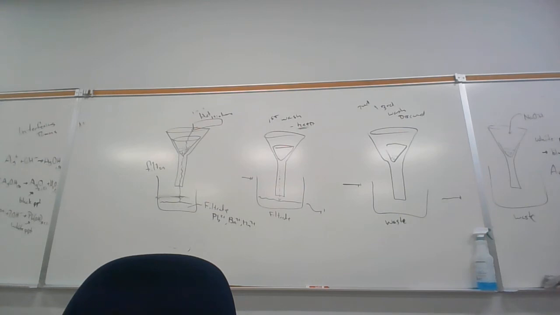This is the black precipitate. And so all we're going to do is convert our solid from white silver chloride to black silver oxide by adding sodium hydroxide, which is going to cause this reaction to occur.